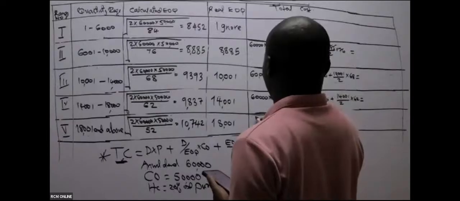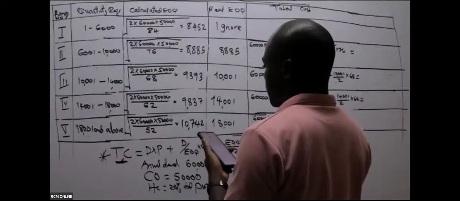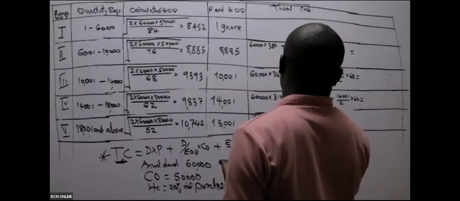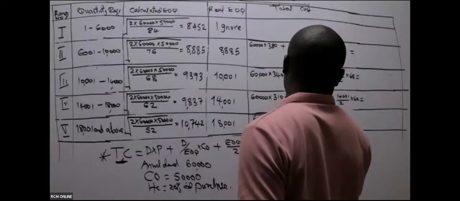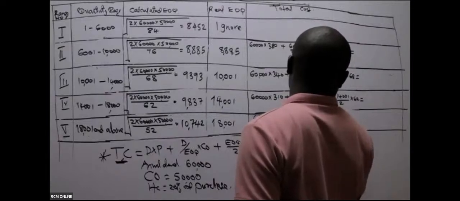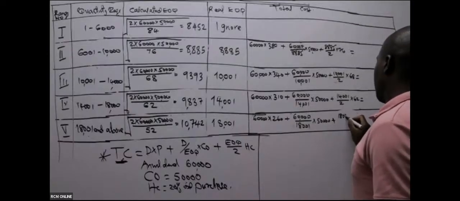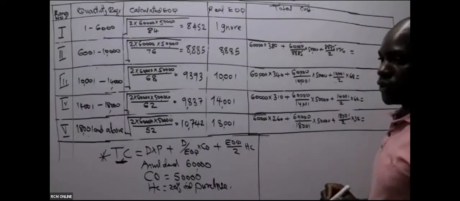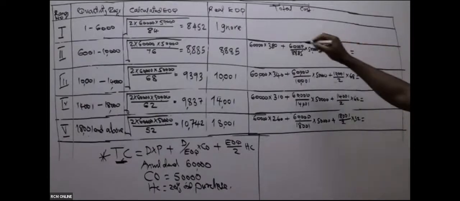The last one we have 60,000 times 260 plus 60,000 divided by 18,001 times 50,000 plus 18,001 divided by 2 times 52. Good. So go ahead and give us the answers.